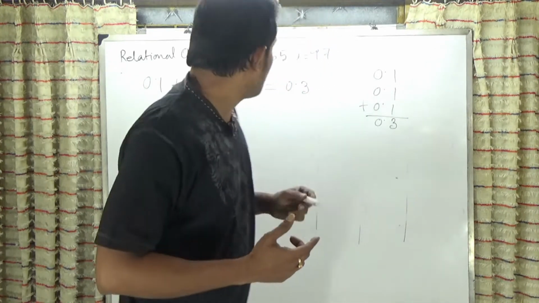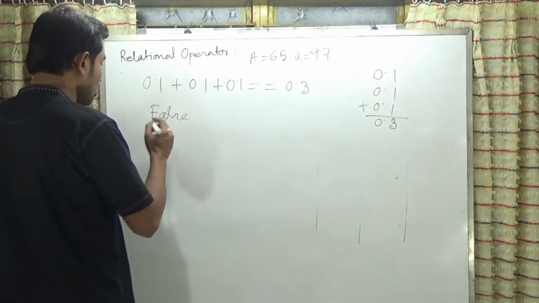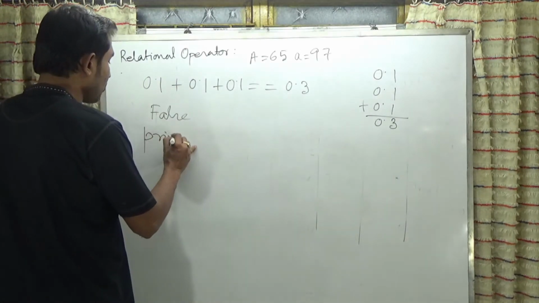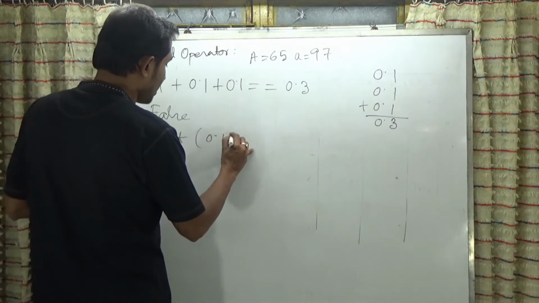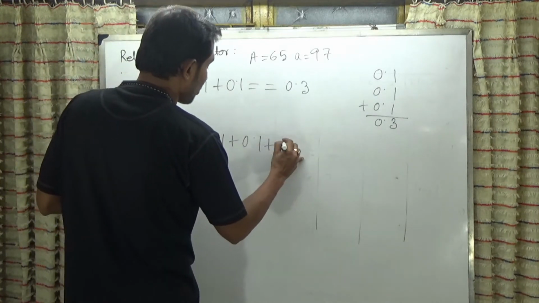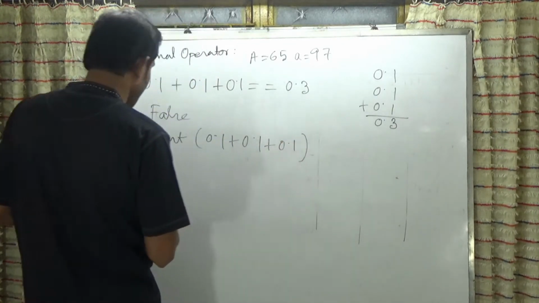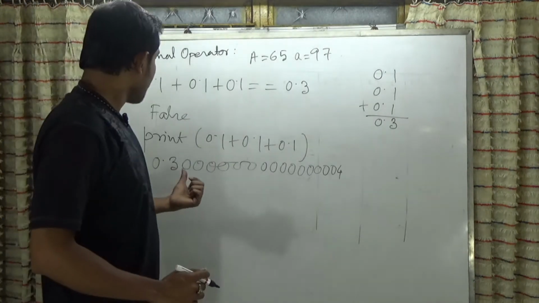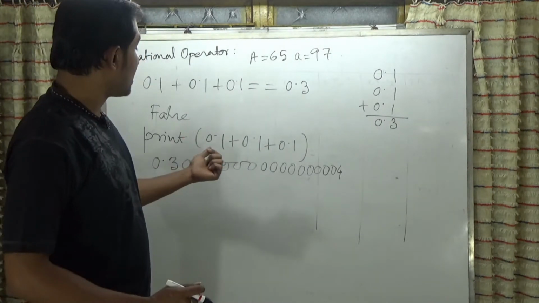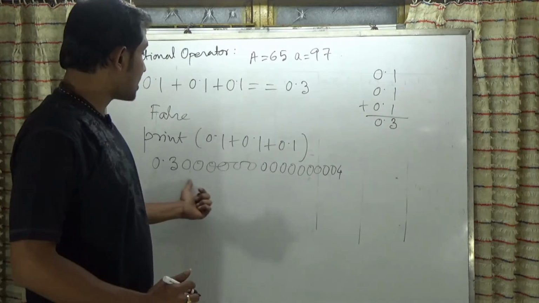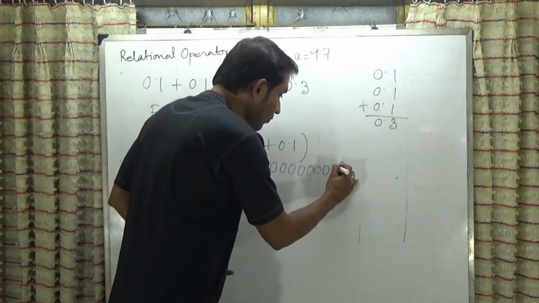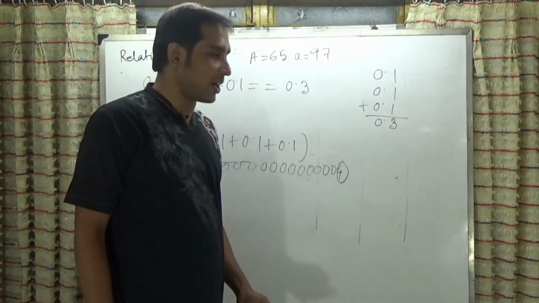If I am going to print these values, 0.1 plus 0.1 plus 0.1, then it returns in this way. If I am going to print this addition value, it returns these values. So there is an extra 4 value.